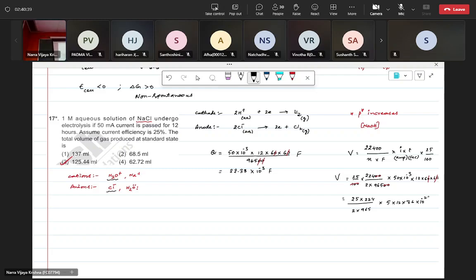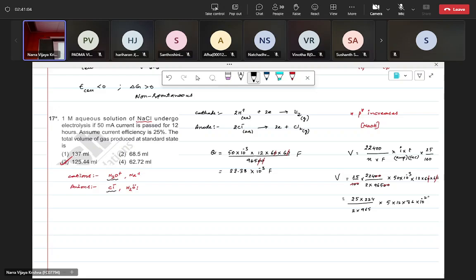But for 2 electrons, I am getting 2 moles, 1 mole at cathode, 1 mole at anode. So I need to multiply the value with 2 also. For n factor, I have taken 2, no issue. But volume of gases liberated is 2 moles, so per mole it is 1 only.